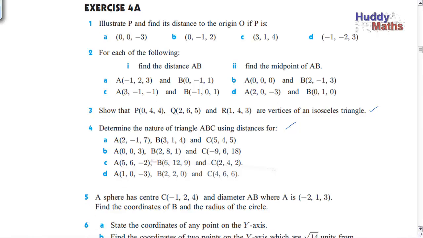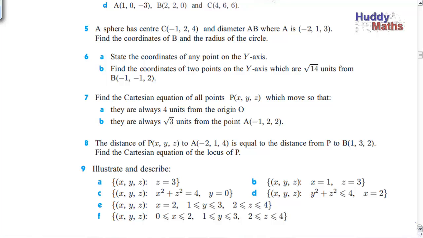I'm going to take you down here. Question 5, 6 and 7. Here's some interesting ones, and I was talking about that back on the first screen, and that is what is the equation of various axes and positions. So you've got to go and find the region where z equals 3. All the points where z equals 3, what would that look like in 3D land?